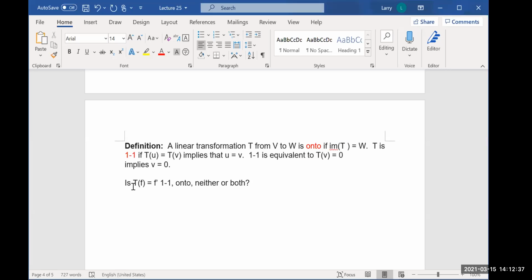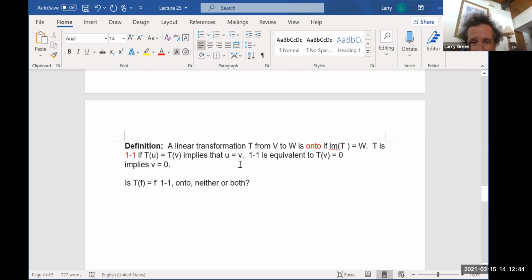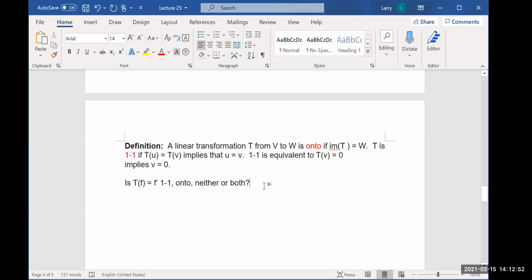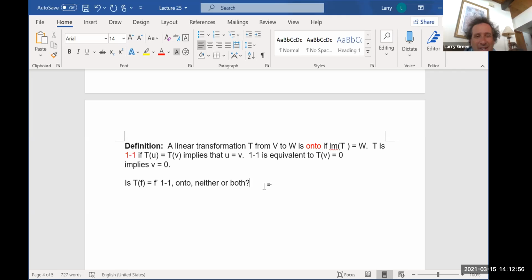I don't think it's 1-to-1. Okay. If it's not 1-to-1, can you think of a vector v such that T(v) is 0? Hint: that's easy. Any real constant. How about f(x) equals 1?